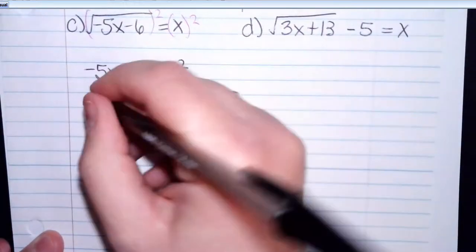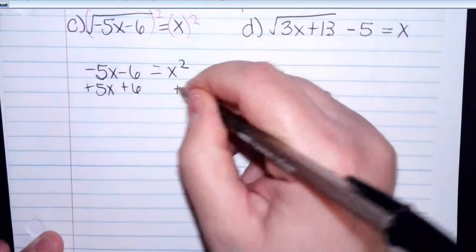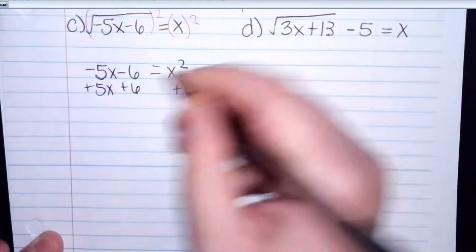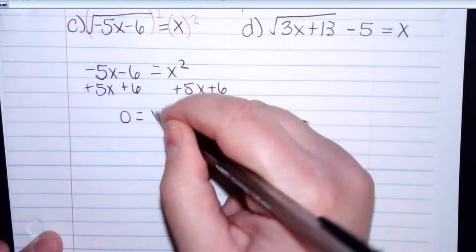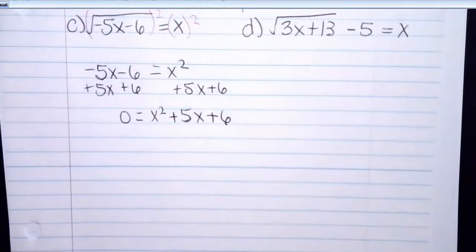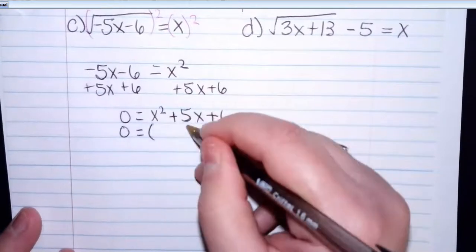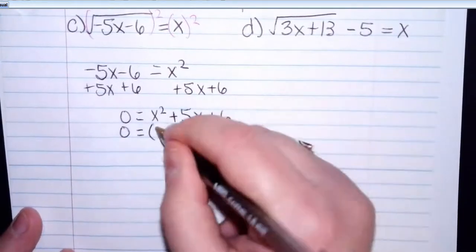Again, I'm going to set this equal to 0, and I'm going to keep that squared term positive just to make it easier on me to factor here. You can also solve this using the quadratic formula if that's your preference. Totally up to you, but any of the questions that you guys are going to see on this will be factorable.